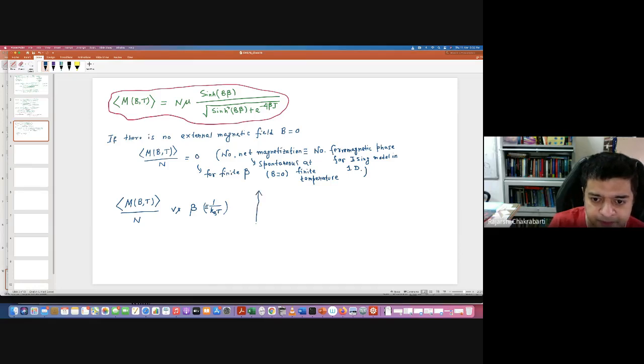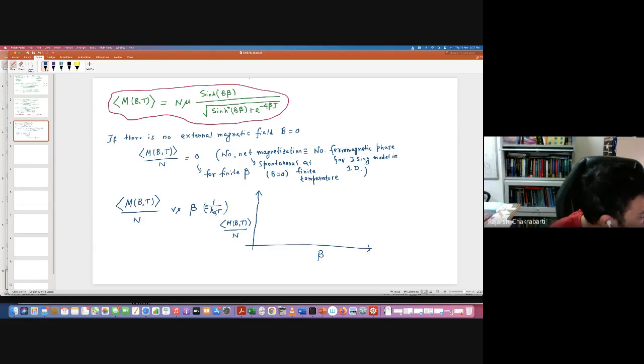I'll draw it here. When beta is small, it means temperature is very high. At high temperature, what do you expect? What should be the expected value for magnetization? Because spins are completely random, no?